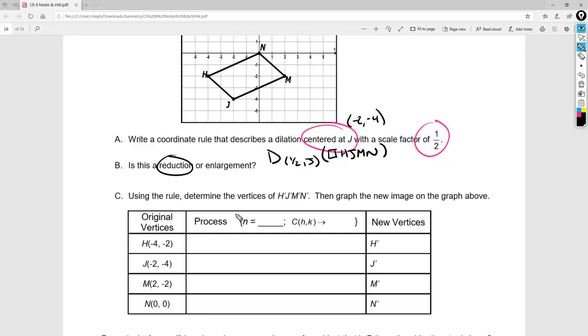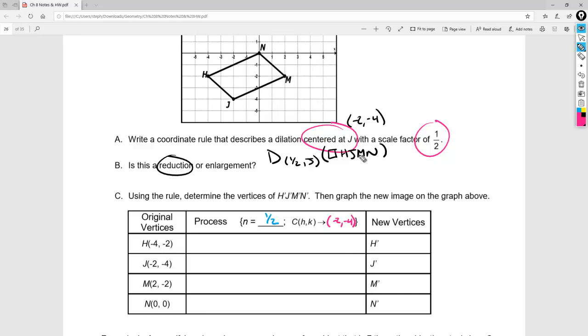Okay, now they want us to find the vertices of our image and then graph the image. Okay, so right here we're going to show our work, we're going to show the process, then write the new vertices here. So first I'm going to start off with just writing my scale factor. Let's use some colors here. So my scale factor is 1/2, okay, and my center is -2, -4.